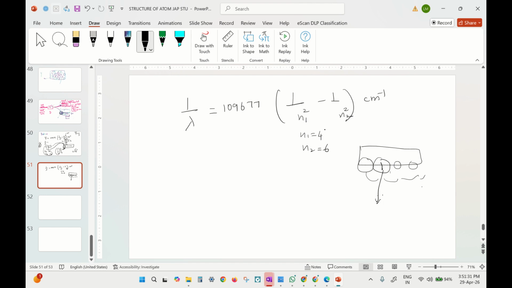Balmer could say that it is 2 square to n square, but others generalized: no, it's not just for this patch. The equation you have invented is for the entire emission spectrum, so let us generalize it as n1 square and n2 square, where n1 is always less than n2. Fine. Okay.